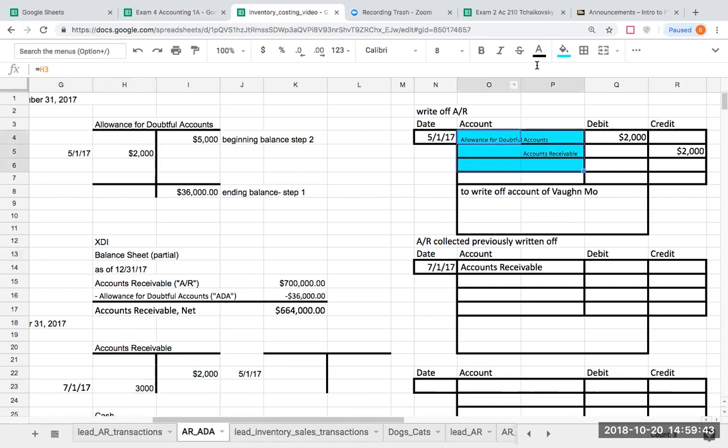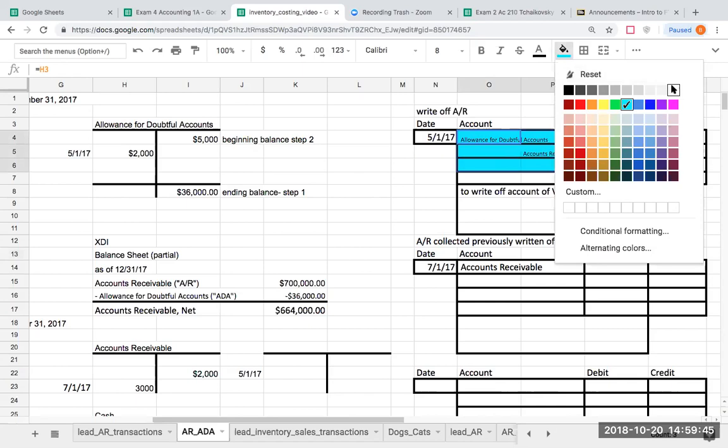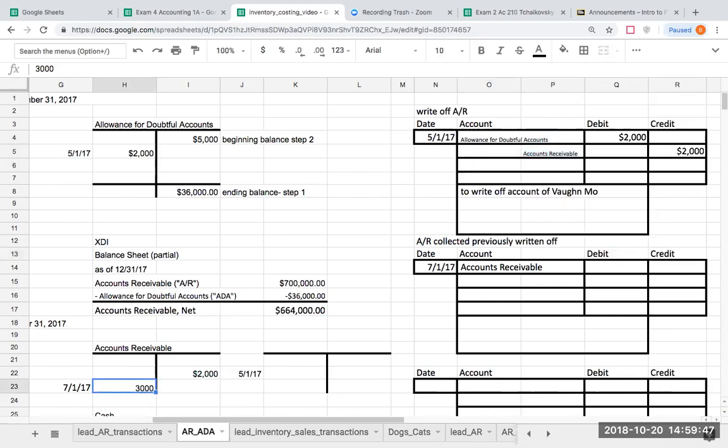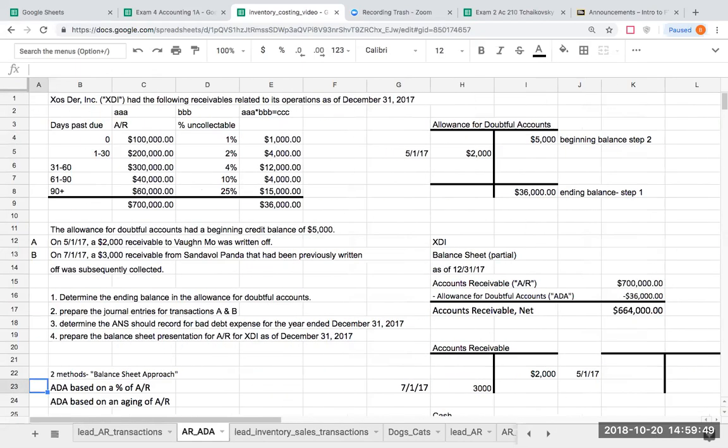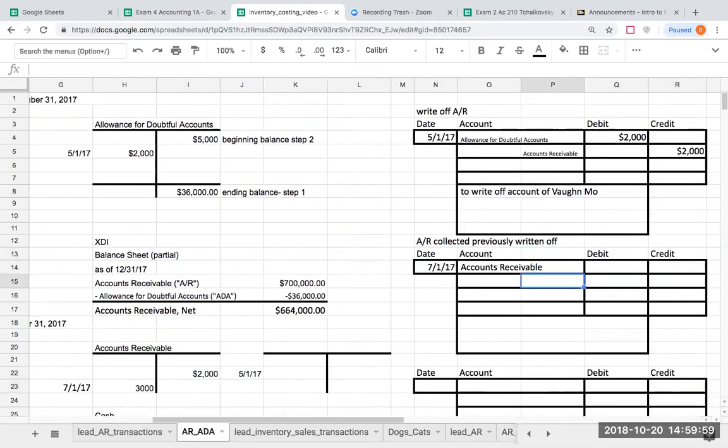Where am I getting this number from? It says right here for transaction B, a receivable that had been previously written off was subsequently collected.